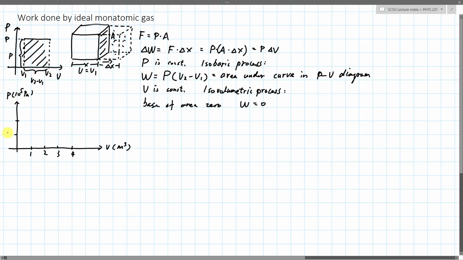So this is 100,000, 200,000, and this is the origin where volume and pressure are both 0. So let's say we just start from this point. This point has pressure 200,000 and volume of 1 cubic meter. And then we go to the right, we decrease volume while we also decrease pressure.